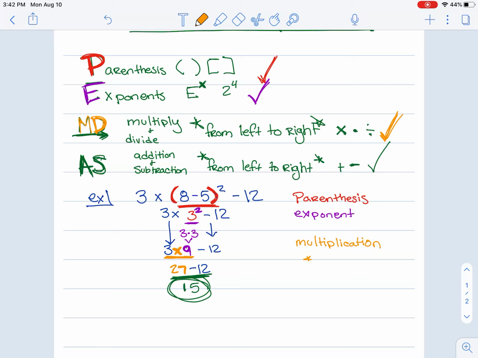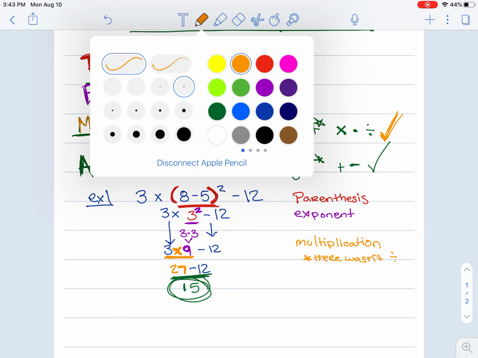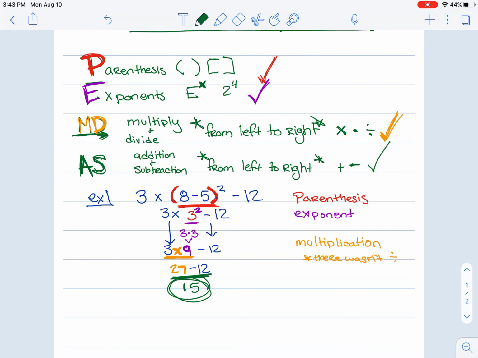And I'm going to put a note. There wasn't division. Okay. Then I'm going to put subtraction, because the next thing we did was subtract.